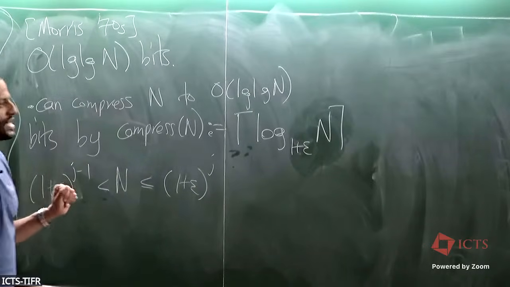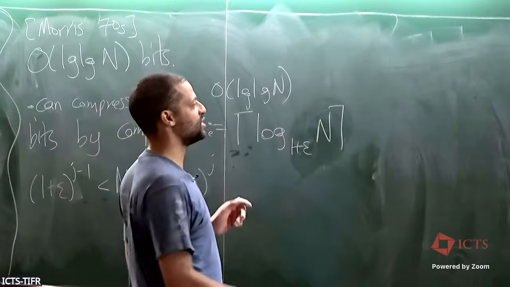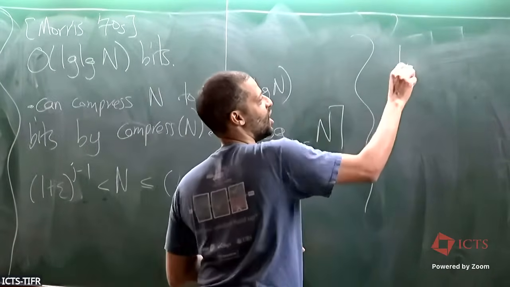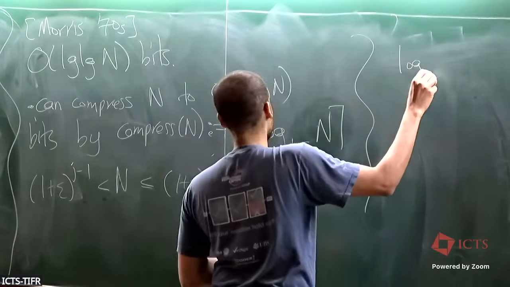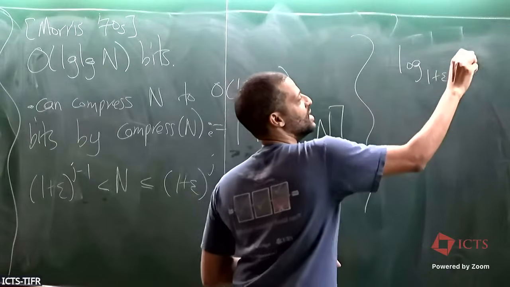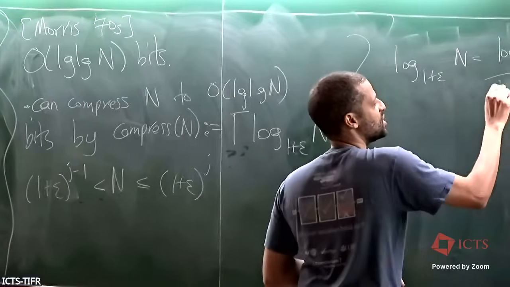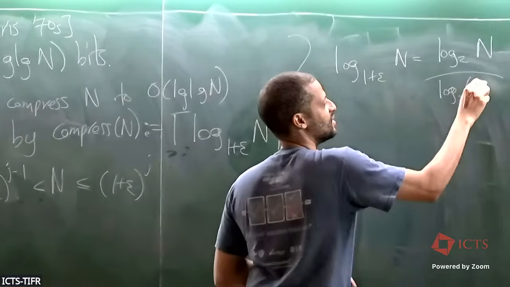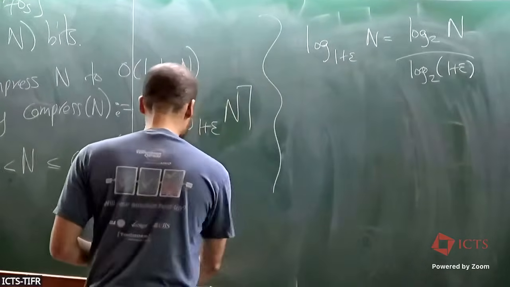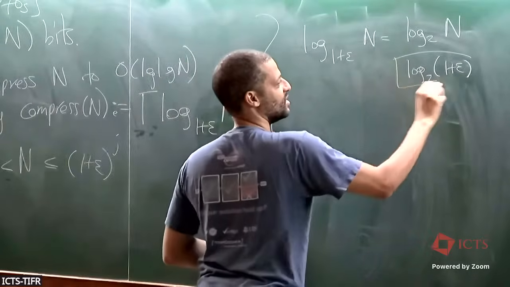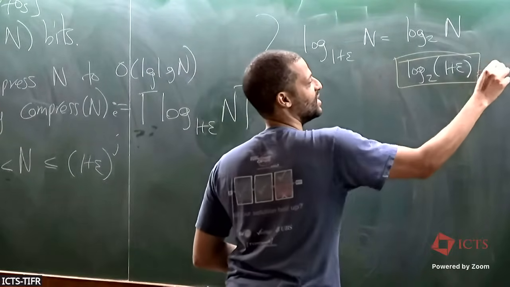How many bits is this? Remember your change of base formula. Log base 1 plus epsilon of n is equal to log base 2 of n over log base 2 of 1 plus epsilon. And just by Taylor, this is roughly epsilon.